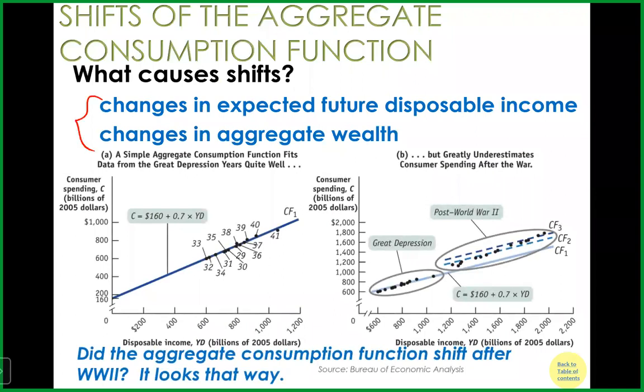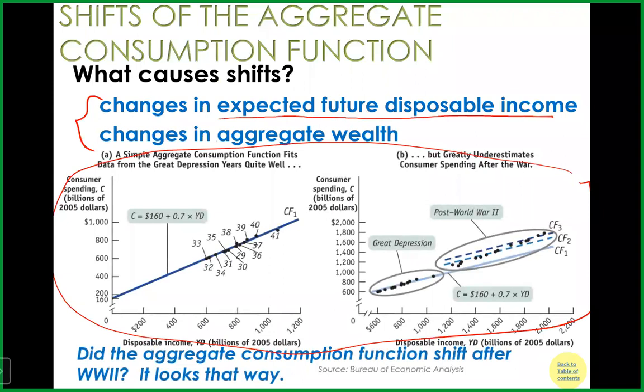Okay. And this is what happens in reality. So first, what are the causes? Either there's a change in expected future disposable income, or there's a change in aggregate wealth. What does this mean? Usually if you are expecting a recession coming, and you're worried you have a high chance to lose your job, your income is going to suffer, and then usually you're going to spend less.